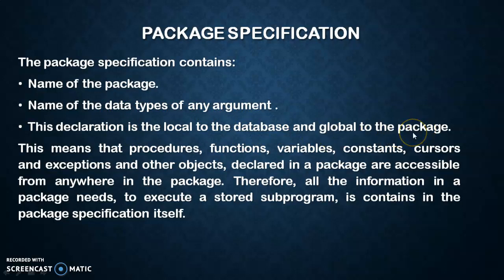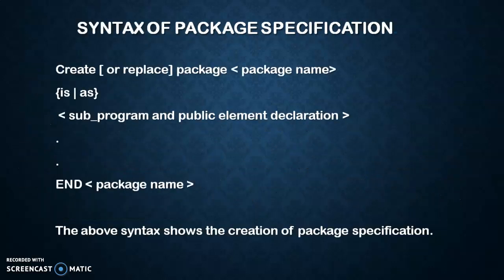Means from any point in the package we can use these declarations. The procedures, functions, variables, constants, cursors, exceptions and other objects declared in a package are accessible from anywhere in the package, and therefore all the information needed to execute a stored subprogram is in the specification.